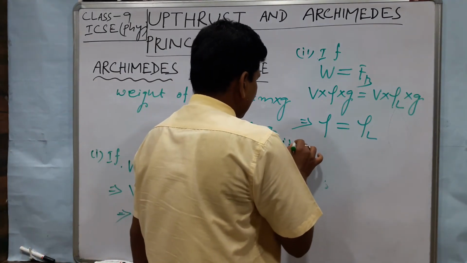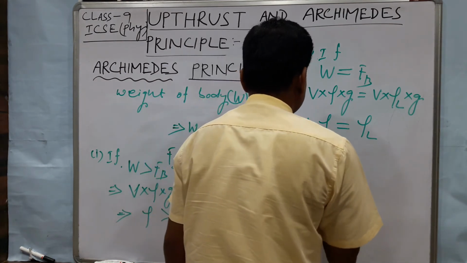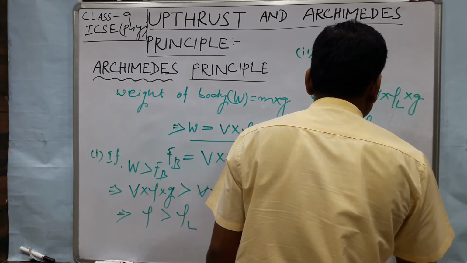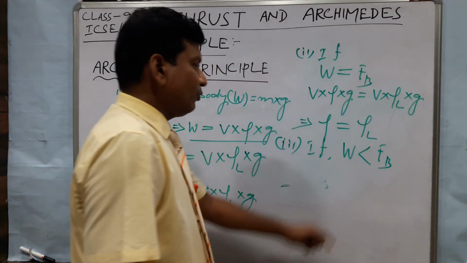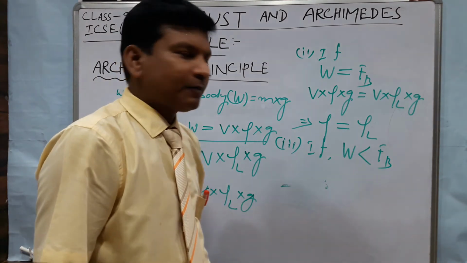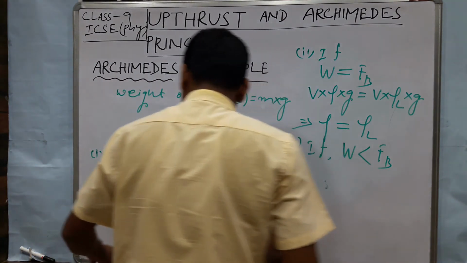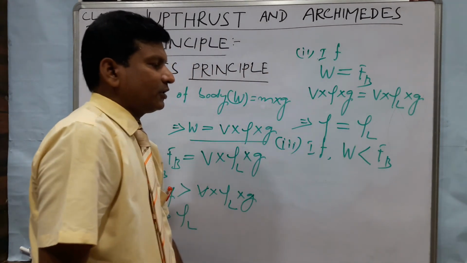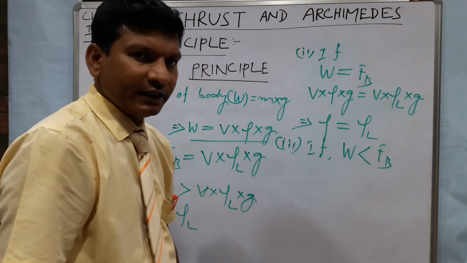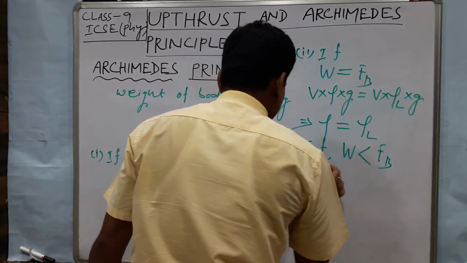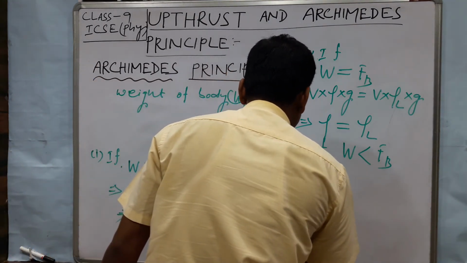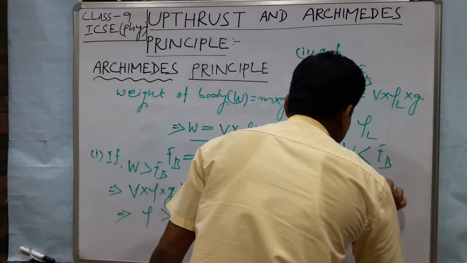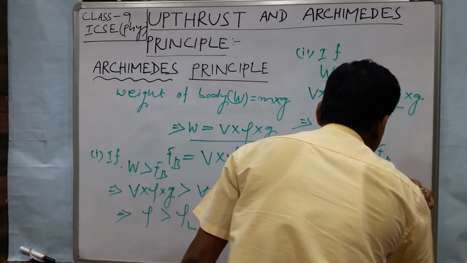Now see number 3, if W is less than Fb, if the weight of the body is less than the upthrust, then what will we get here? Here we are getting that when the weight of the body is less than the upthrust, then the body is also floating, isn't it? So see here, the weight of the body is V into rho into g, and that side we are getting V into rho L into g.